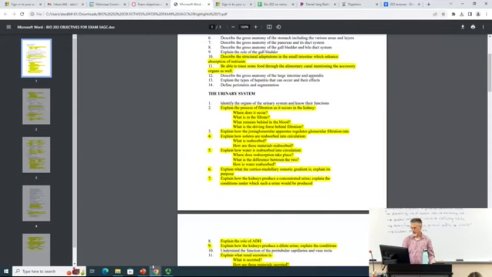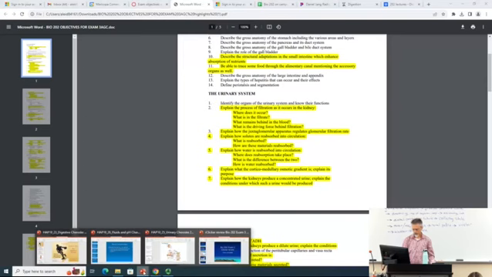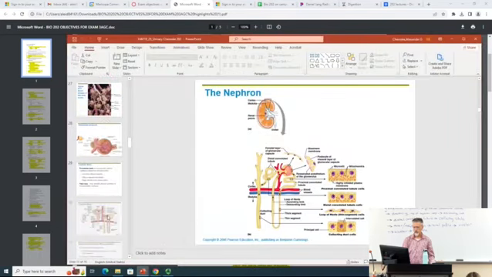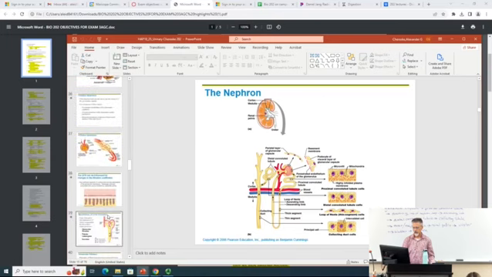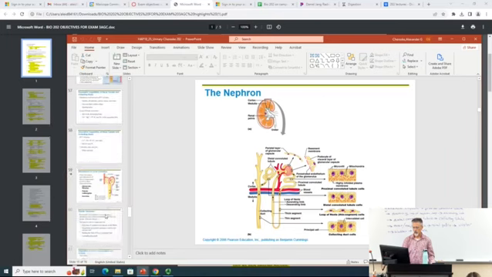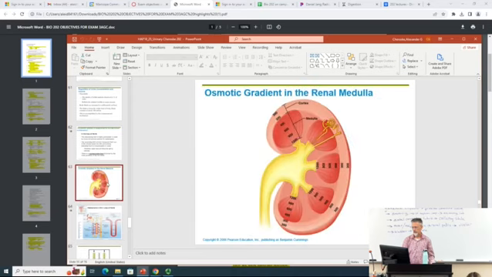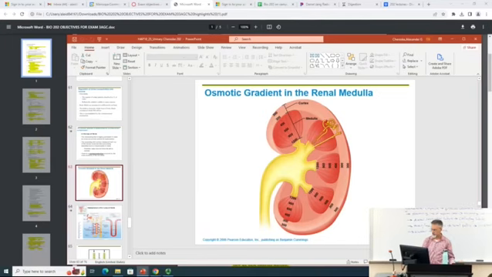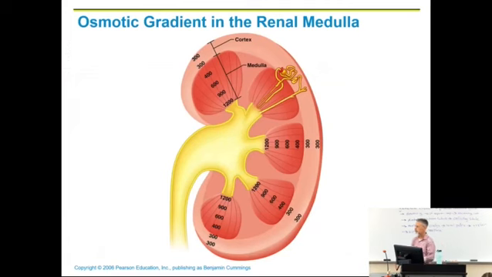All right, so as we were discussing, what's going on there is that's where we're talking about that gradient that occurs from the cortex down into the medulla. And it's the whole role of our nephron loop. Okay? So this is a section, let me see, what slide is that? That's slide 63 in the presentation.